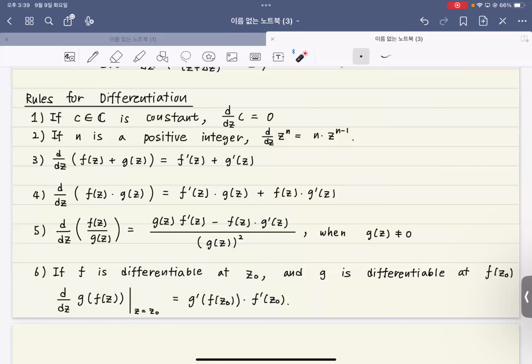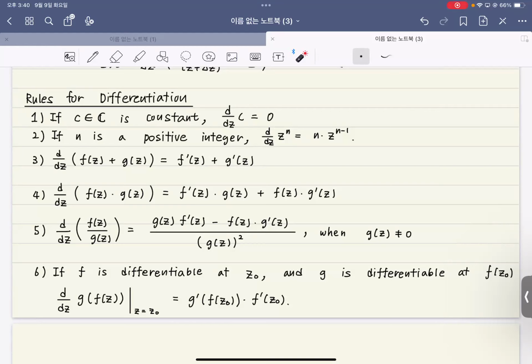If you take the derivative of a power of z, z to the nth power, then it's going to be n times z to the n minus 1, as long as n is a positive integer. Also, the derivative is linear, and the product rule is also true for the complex derivative. The quotient rule is also true, and the chain rule is also true for the complex derivative. Let me just take these rules for granted, because the proof is exactly the same as in single valued real analysis.